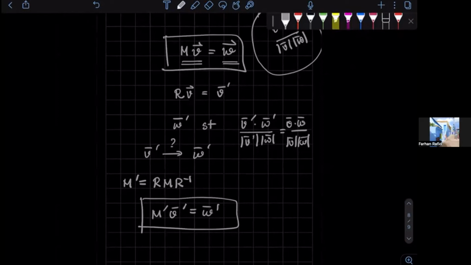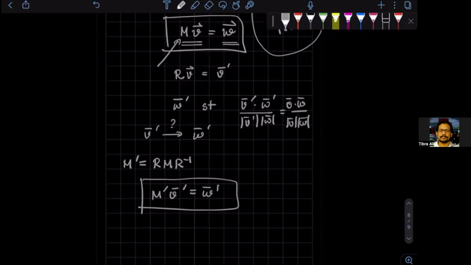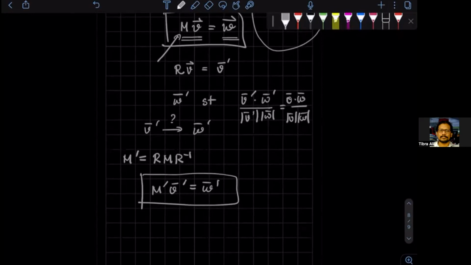Yes, sir. So this is the group action. And that group action in the rotated basis takes you to an analogous group action M prime, which is related to the original one by a conjugate action, which in matrix language is called the similarity transformation, right?